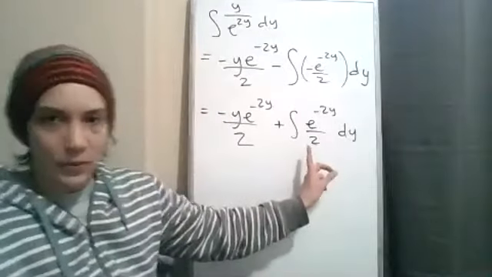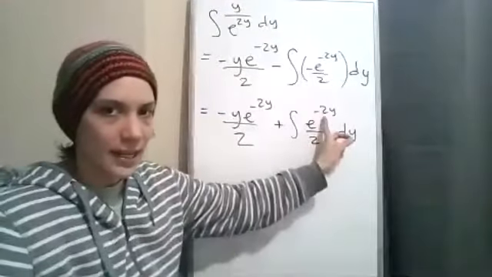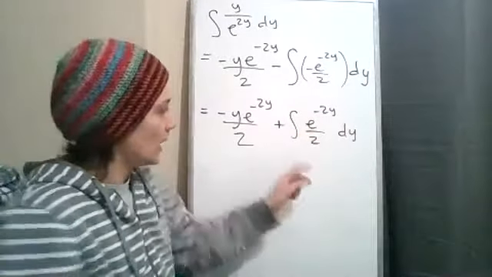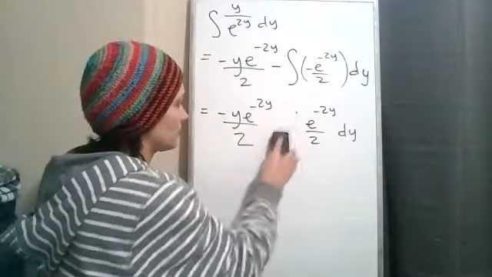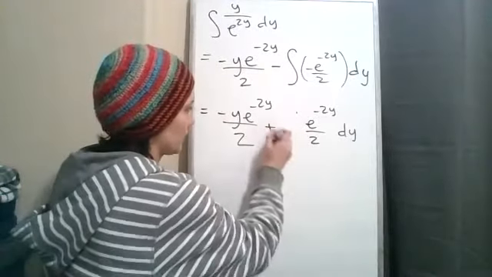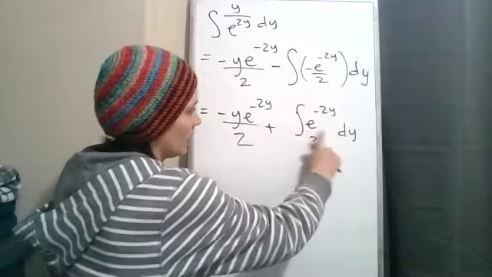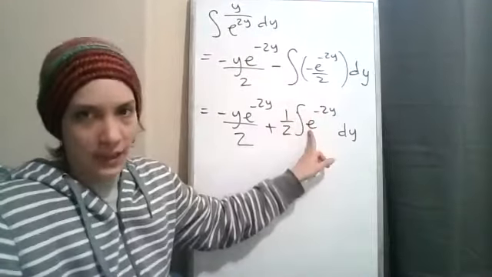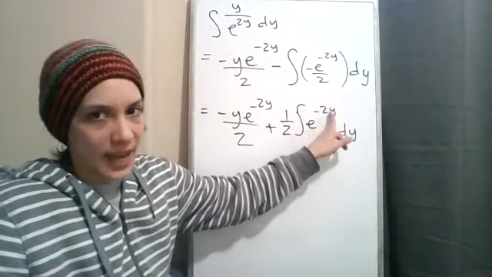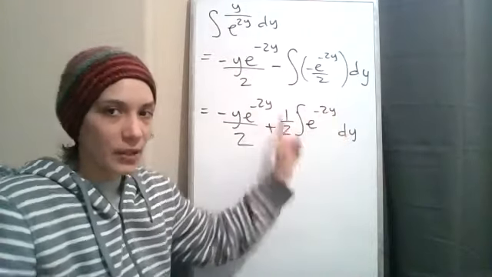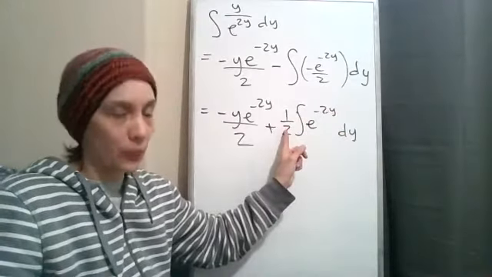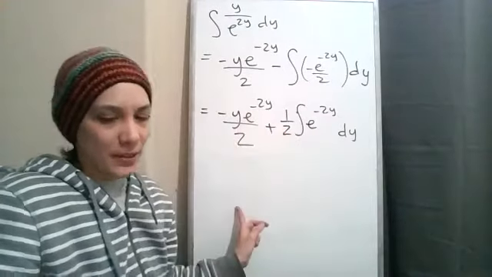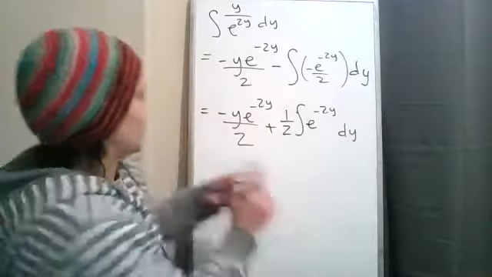So for that one, we'll have another u sub and get this, actually, this multiplied with a negative 1/2, and then you also have that 1/2 right there. So copy that first term, and then we'll work through the next term.